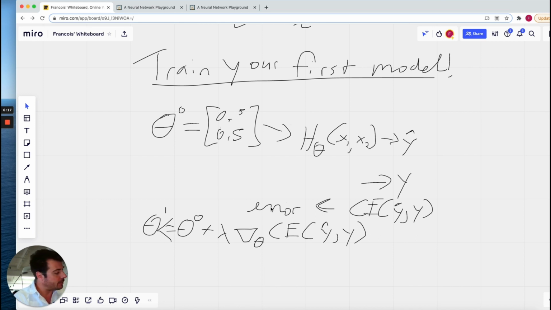And then I go back to here, call this 1. I get a different y hat here, I get another y hat here, and then I get another cross entropy here. I get more error. I backpropagate that right through there, my error, to update my thetas again. And then I go back around.